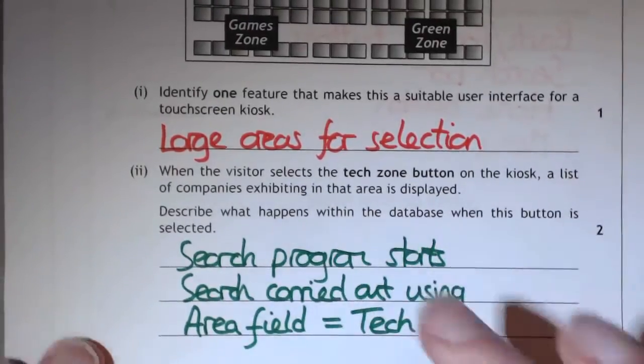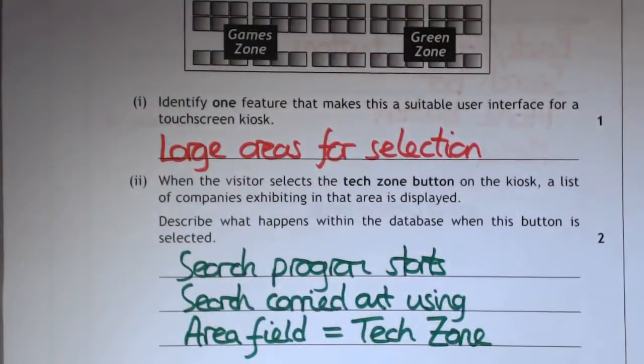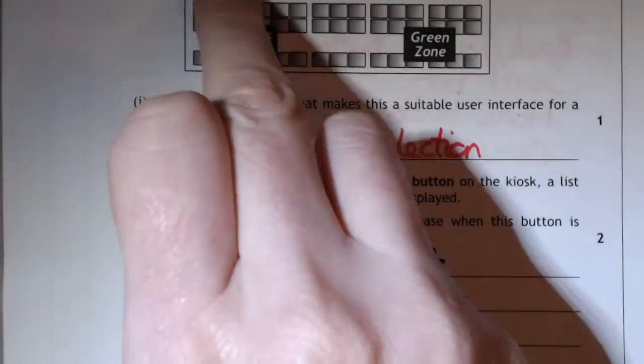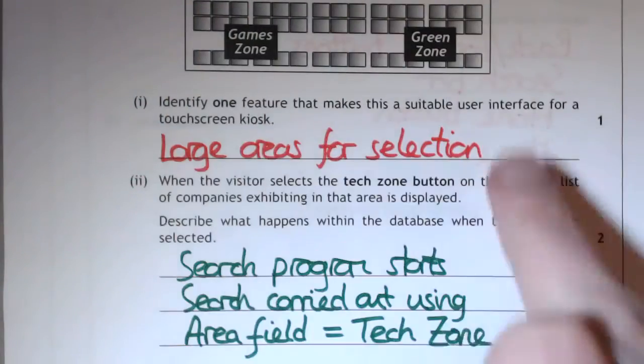It is quite tricky to try and write and explain what happens. But the act of clicking on it runs a search program, and it knows what you've clicked on, so it does an area search for TechZone.